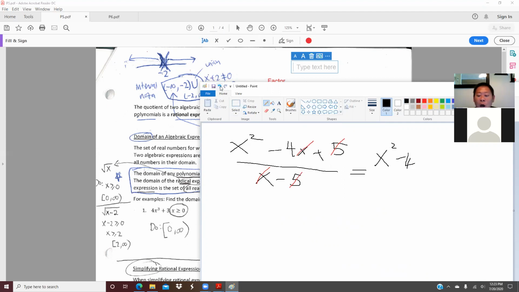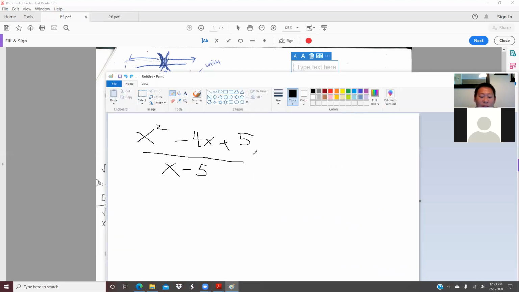So do not do this. The correct way is to factor it out, and then you cancel the common factor. So the example is x squared minus 4x minus 5.